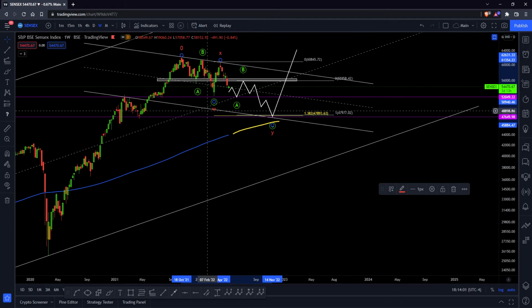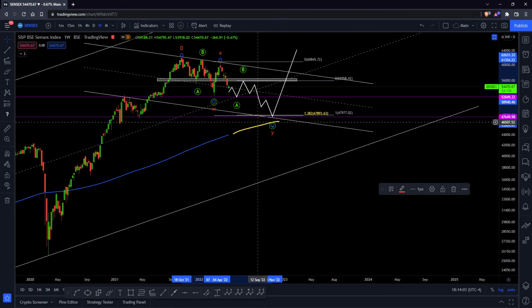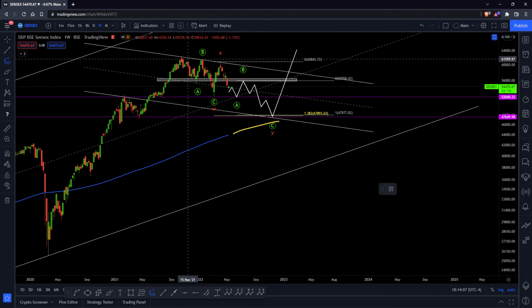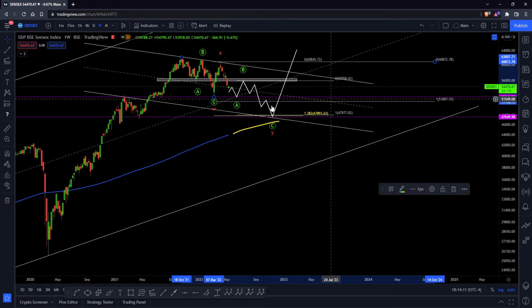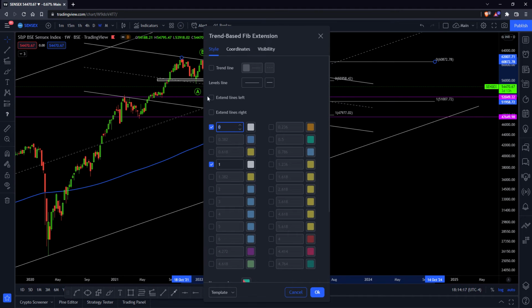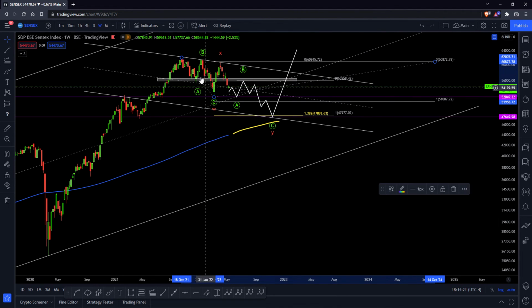On top of that, WXY also has equal parity or sometimes higher. So if we project that from here, basically taking the length of W and projecting it, this is confusing, so let me turn the trend line on. If you follow this dotted line, it comes here and then projects.